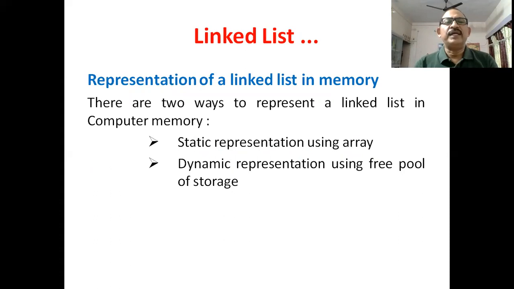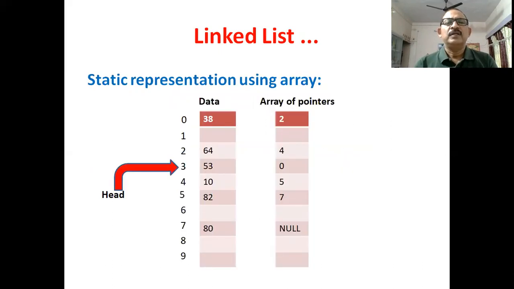There are two ways we can represent a linked list in computer memory. First is the static representation and second is the dynamic representation. In static representation, two arrays are used, both of the same size. The first array contains the data and the second array contains the pointers.